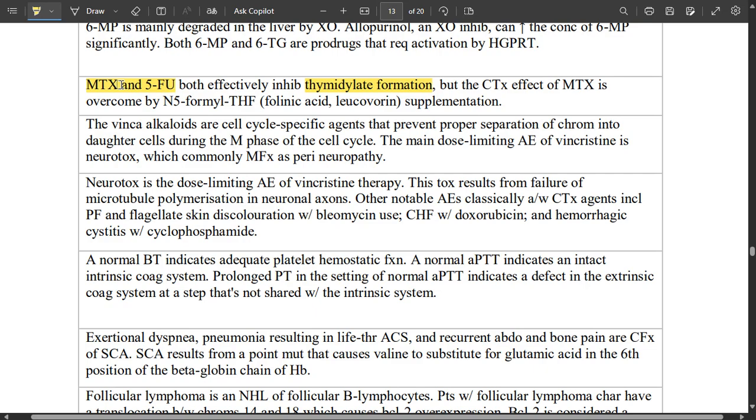Supplementation of N5-formyl tetrahydrofolate, at the fifth carbon atom, bypasses that inhibitory step, and the product is formed. Leucovorin, when added together with methotrexate, prevents excessive DNA damage and helps in countering the side effects of methotrexate.